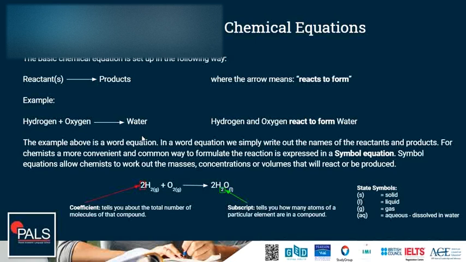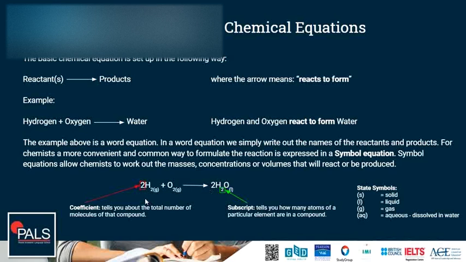There we use the chemical formulas in the equation, which we have just discussed before. So the same equation, hydrogen plus oxygen reacts to form water, is written below here in a symbol equation. So we have 2H2 plus O2 gives 2H2O.